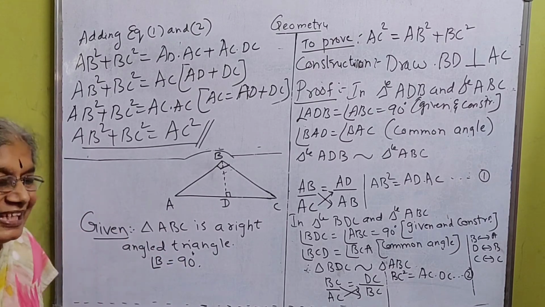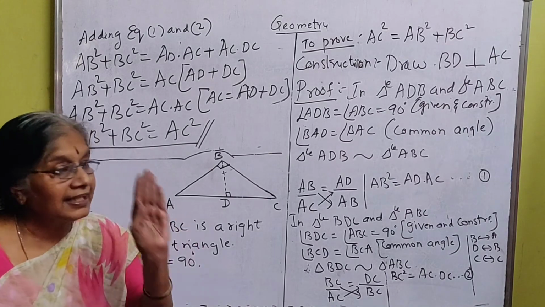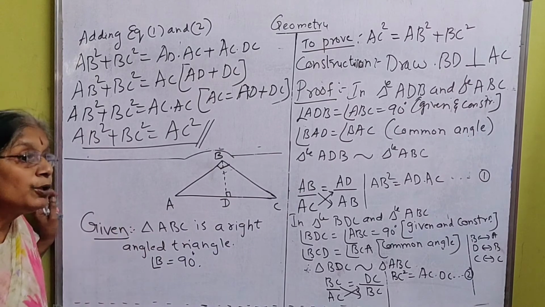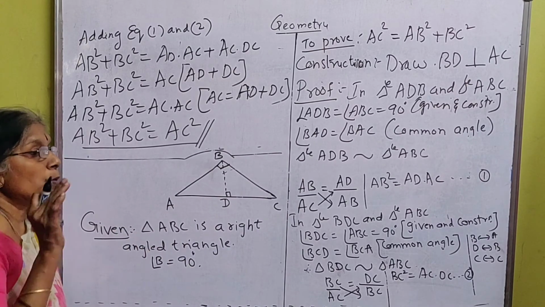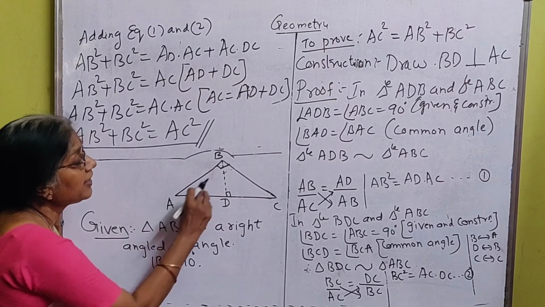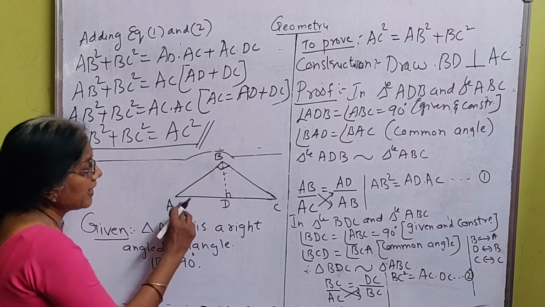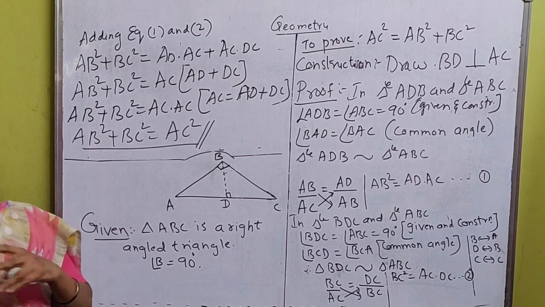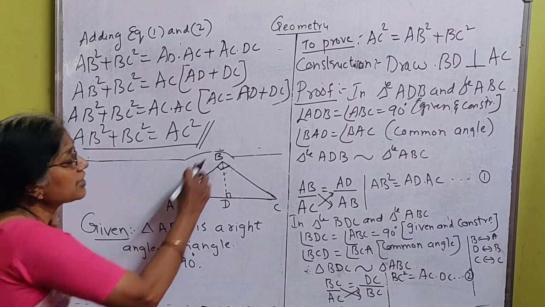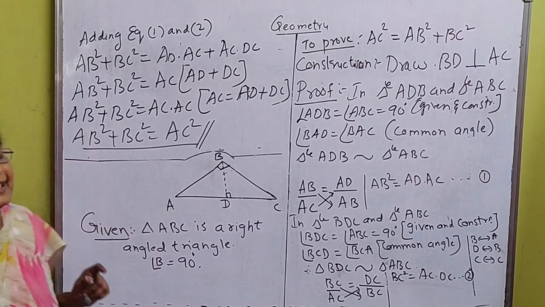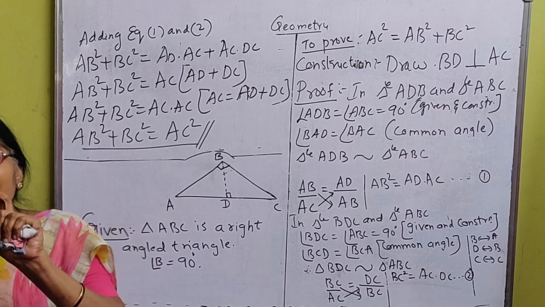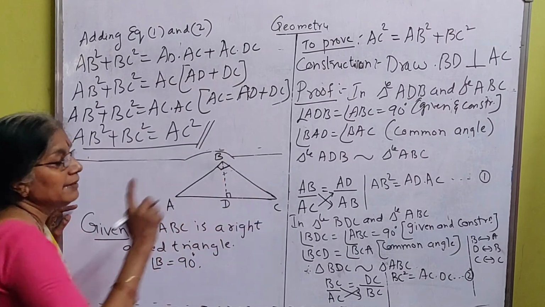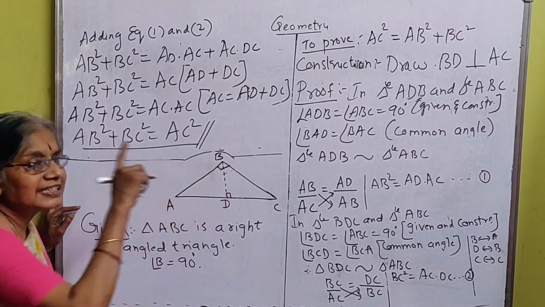What is the statement? It says that in any right angle triangle, prove that the square of the hypotenuse, the side which is opposite to the right angle, that is AC square, is equal to the sum of the squares of the remaining two sides. That was the statement of the theorem. For that, we drew a triangle ABC where we took angle B as 90 degrees.